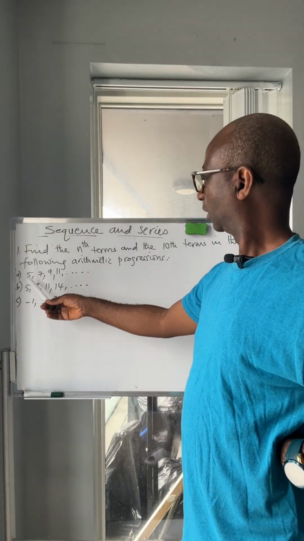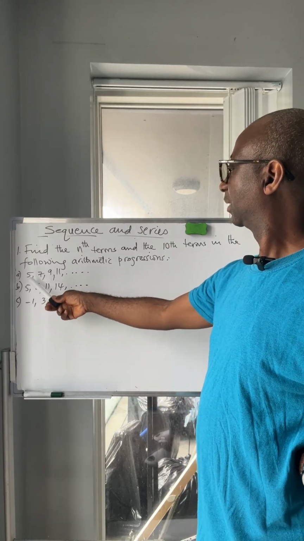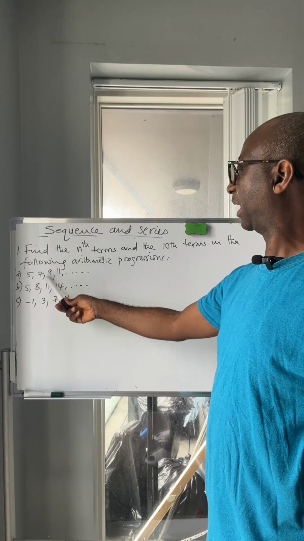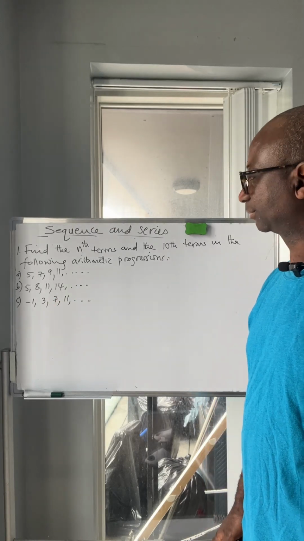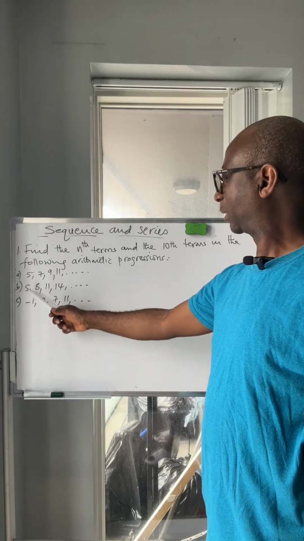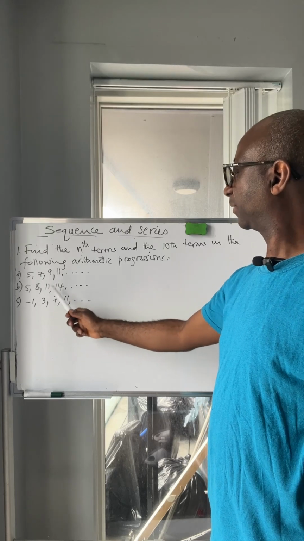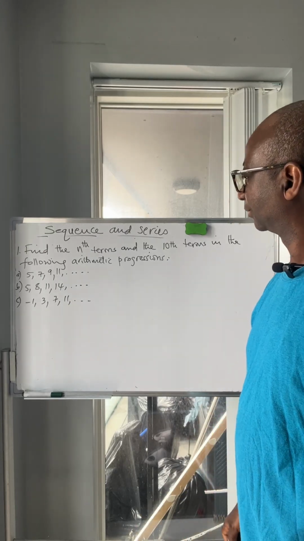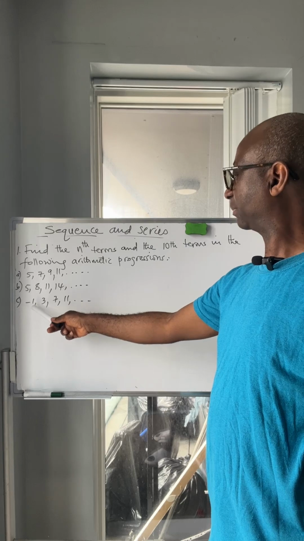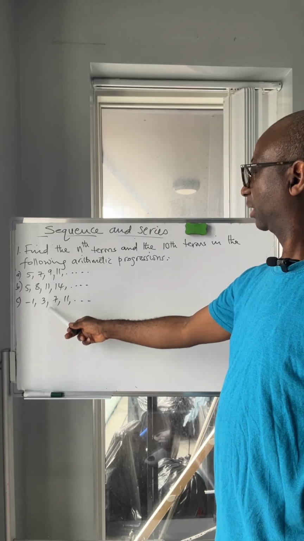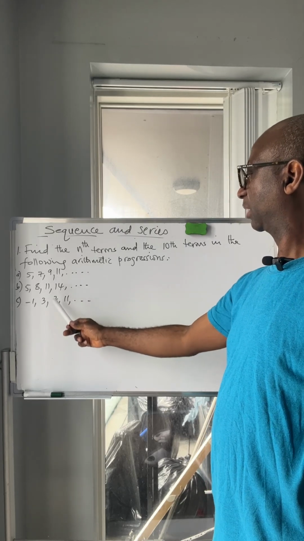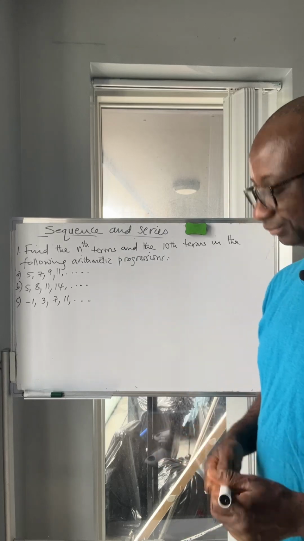We have this sequence 5, 7, 9, 11. The next one is 5, 8, 11, 14. And the last one is -1, 3, 7, and 11.